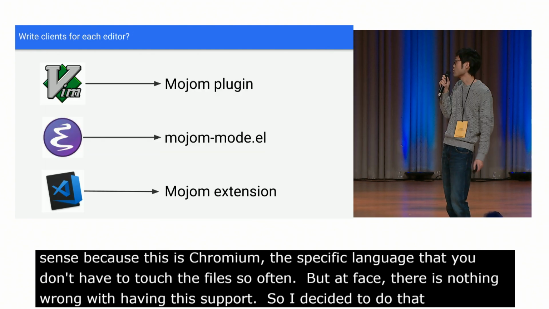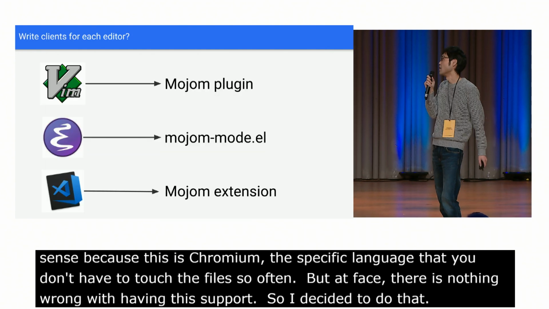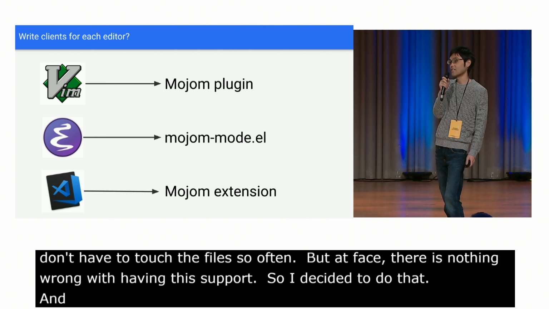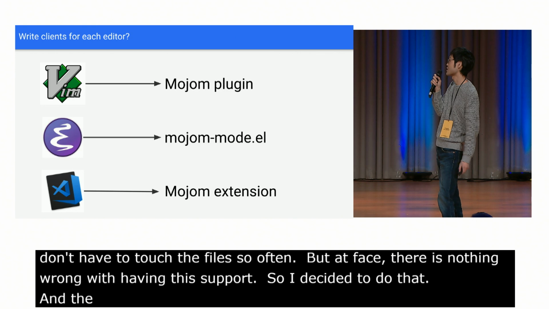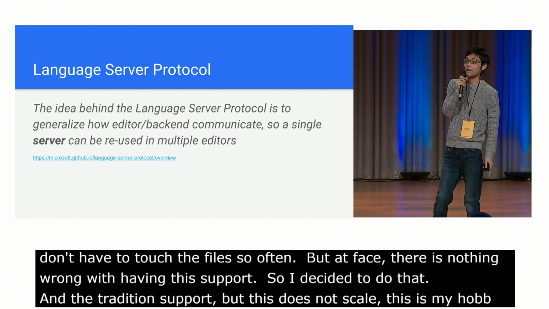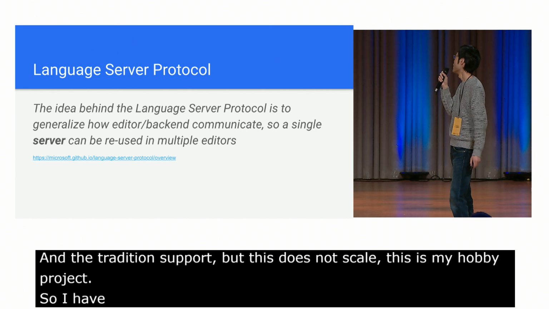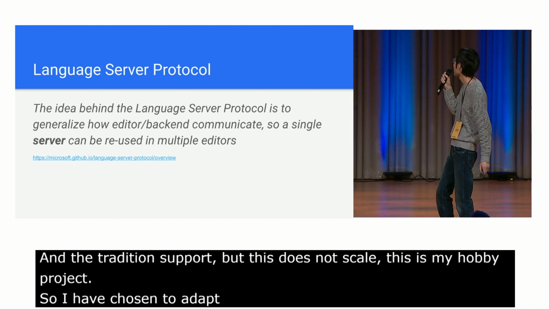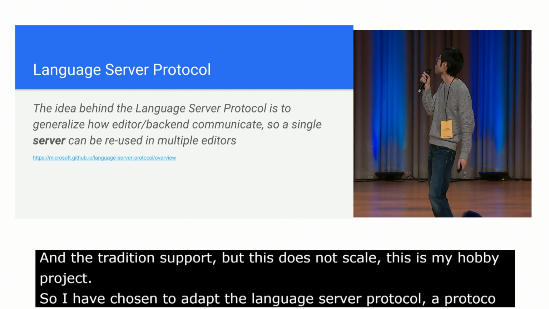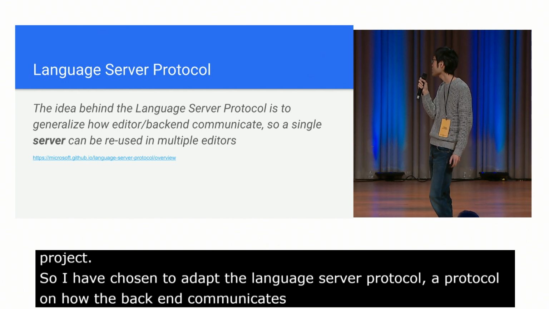The traditional way to add editor support is to write a plugin for each editor, but this doesn't scale, as this is my hobby project. So I've chosen to adopt the Language Server Protocol, which is a protocol to generalize how an editor and a backend communicate, so a single server can be reused in multiple editors.